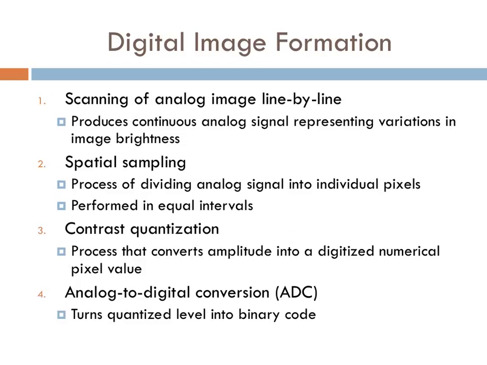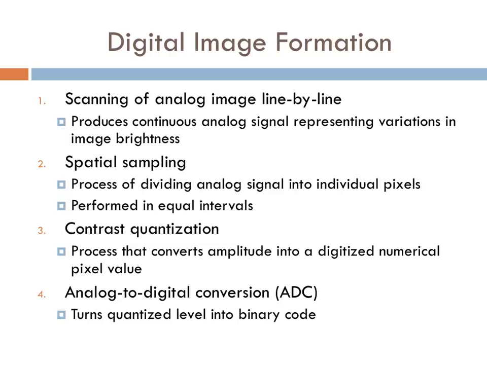All right, how is a digital image actually formed? So the process of digital image formation includes 4 key steps, and I laid them out in order down here. In the first process, the analog image must be scanned line by line in order to obtain a continuous analog signal representing the variations in image brightness. Then, on to the next step, spatial sampling must occur.